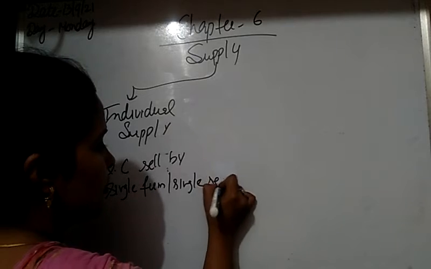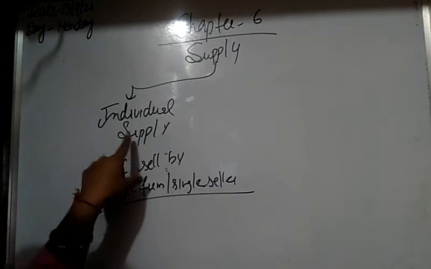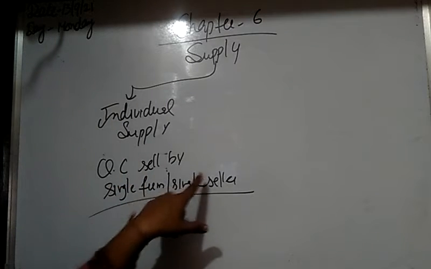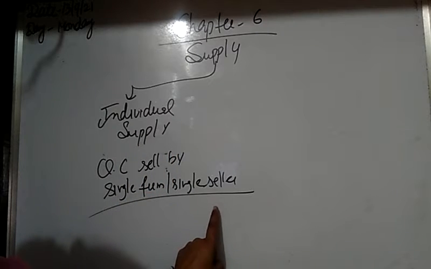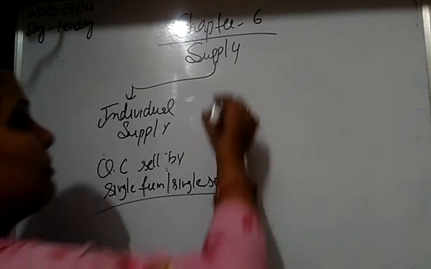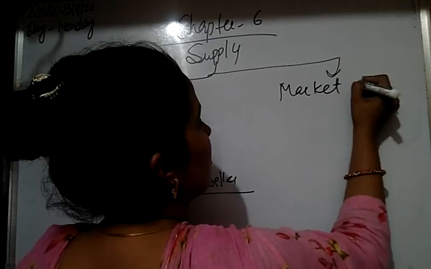The supply of one commodity which one seller is ready to sell in the market is called individual supply of that commodity. And market supply is the number of firms selling a number of products.